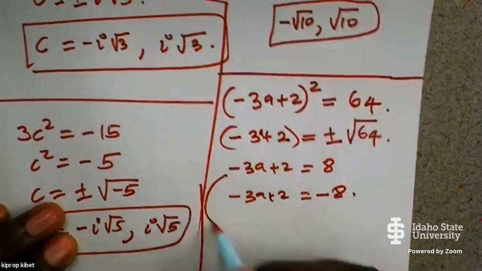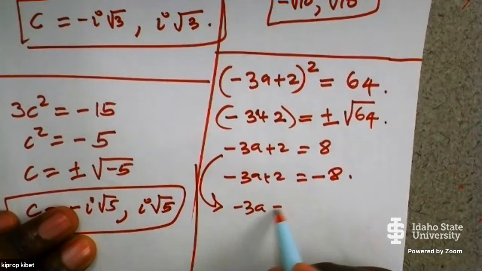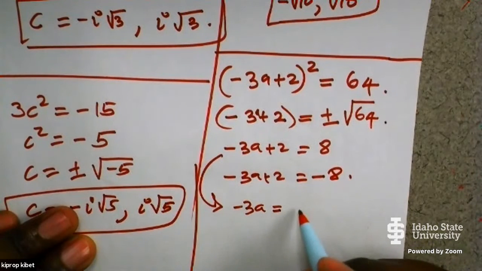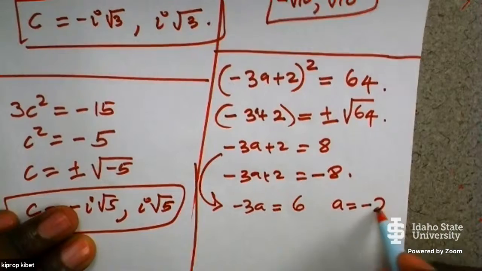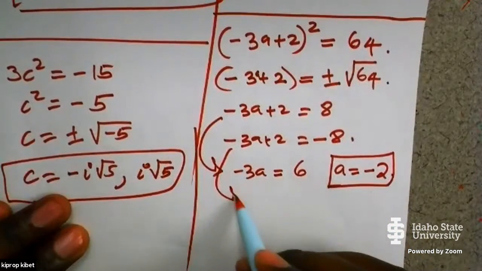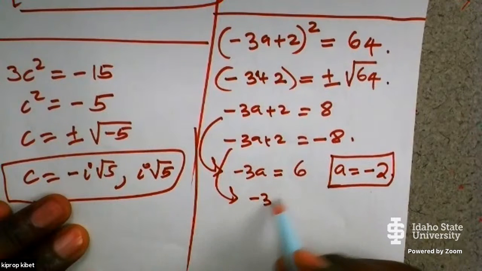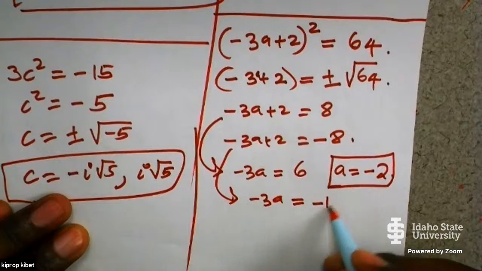So in the first one, minus 3a equals 6, right? So a will be equal to minus 2. How about the second one? Our second one is minus 3a equals minus 8 minus 2, which is minus 10.